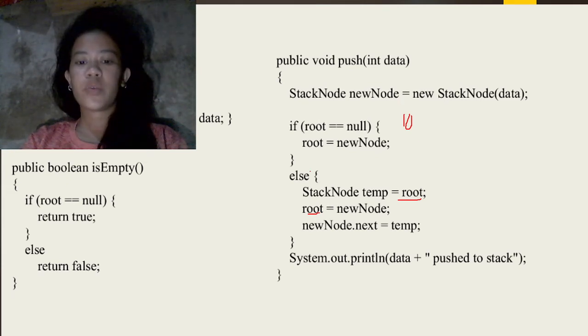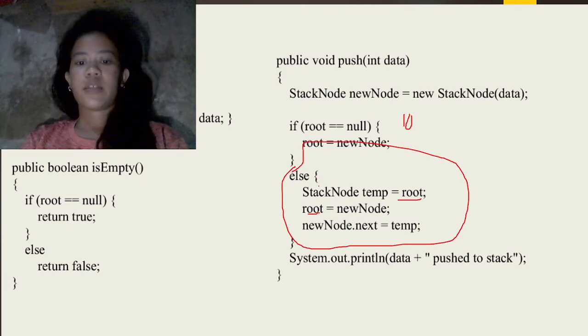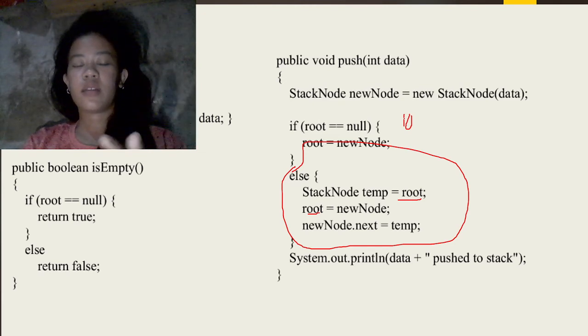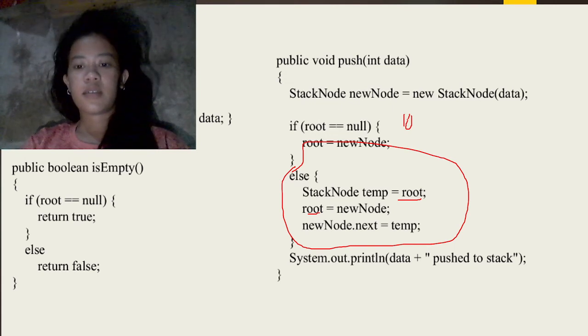So what we're going to do is use the else. We're going to create a new node for 20, and the node that has the 10 element will point to the new node, wherein we're going to insert the 20.